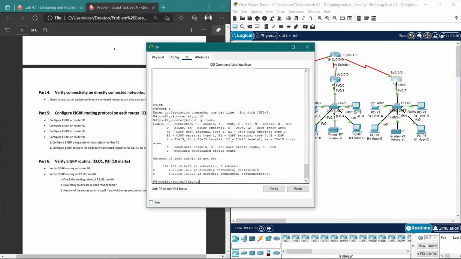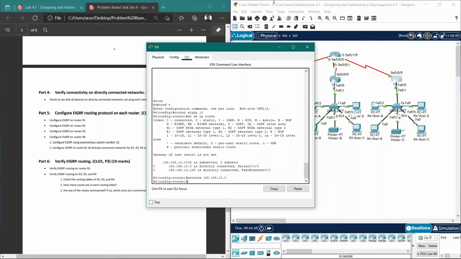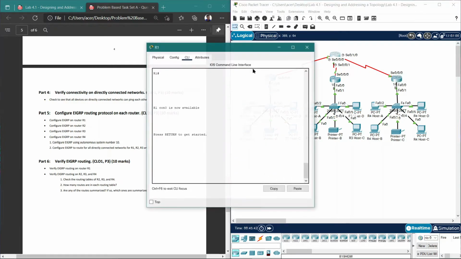So the network will be 192.168.10.0 for R4. And next will be R1.